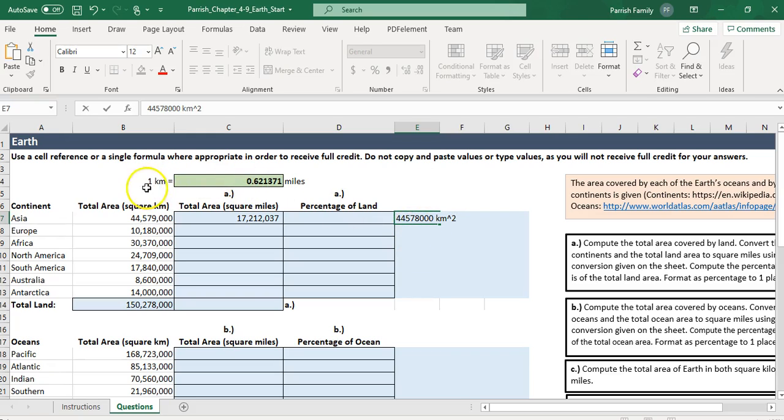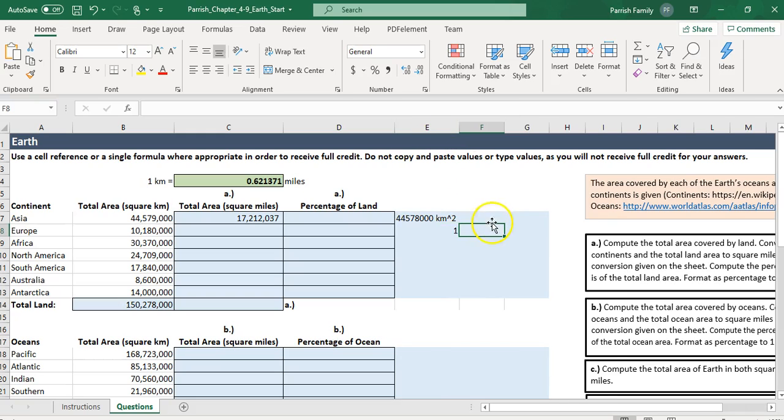So we're going to use this conversion that we have up here, and we're going to have a fraction. On the bottom of our fraction, let me make this a little bit bigger, we're going to put the 1 for the kilometers, and we're going to put the 0.621371 miles.